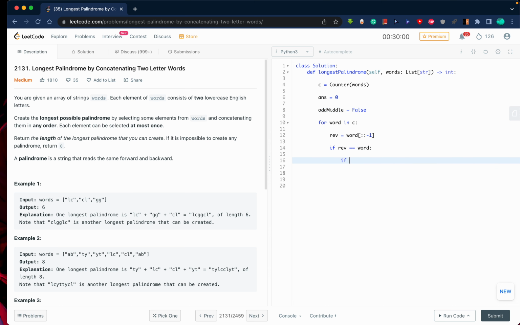So if its count is odd, then maybe I'll put it in the middle. So I'll say, okay, there is at least one word to put in the middle, and apart from that I'll just divide the rest of the words onto the left and onto the right.